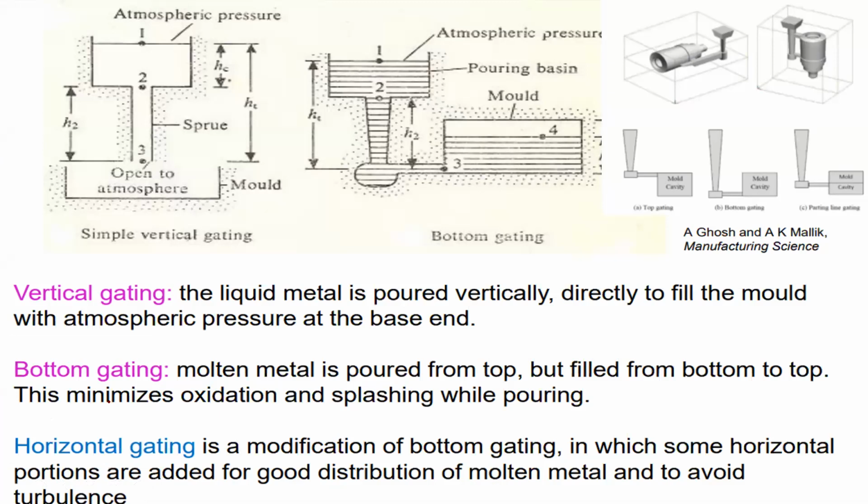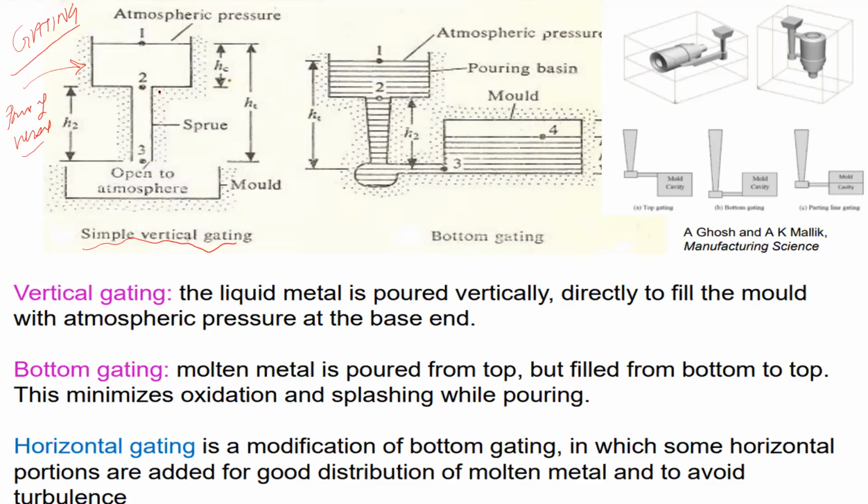Okay, so basically this is the gating system that we are seeing. First, this simple vertical gating. This is the schematic diagram that we have drawn. This is the pouring vessel, and one is the starting point of the pouring vessel, and two is the point from where the sprue starts.